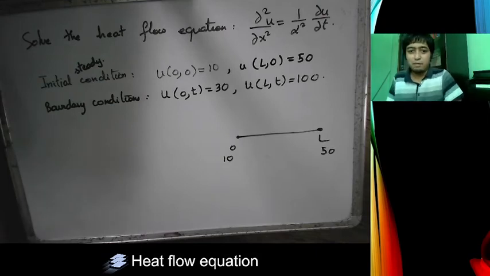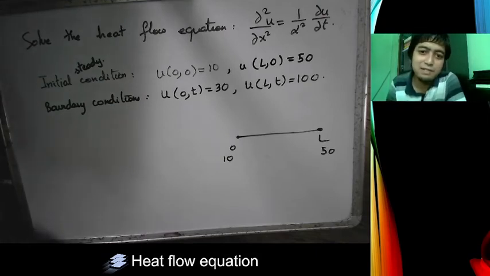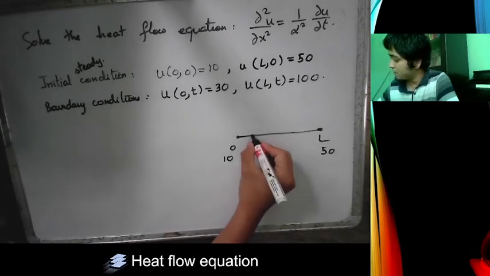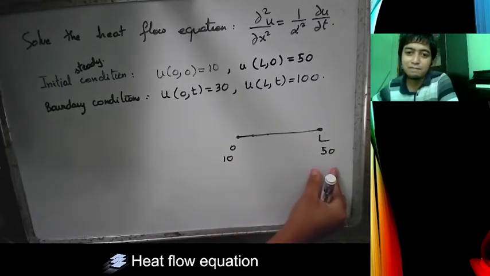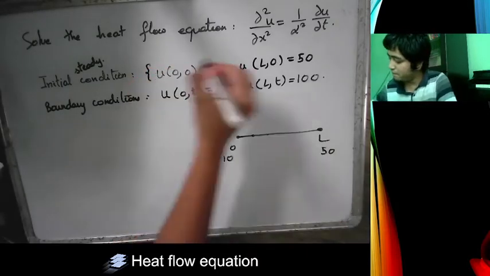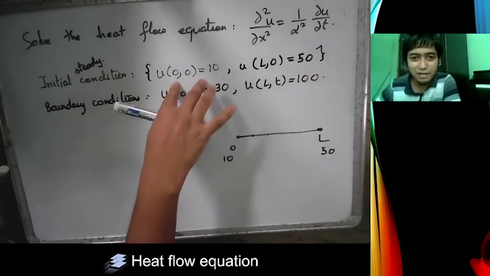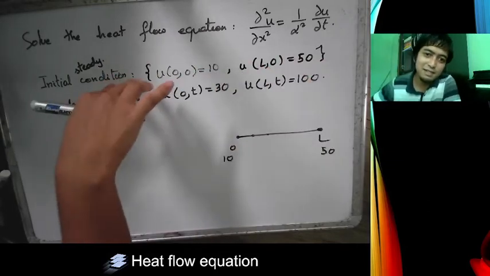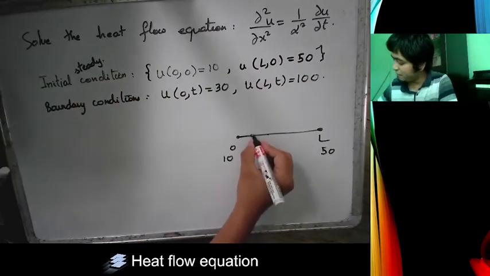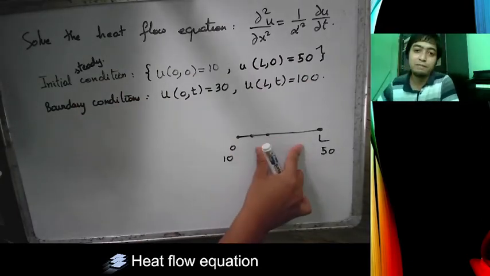But if you remember, when we have to describe initial conditions, we have to describe them for this whole section, not just for the endpoints. But over here, we are describing the initial conditions only for the endpoints. But the initial conditions, we will have to find out for each and every point.